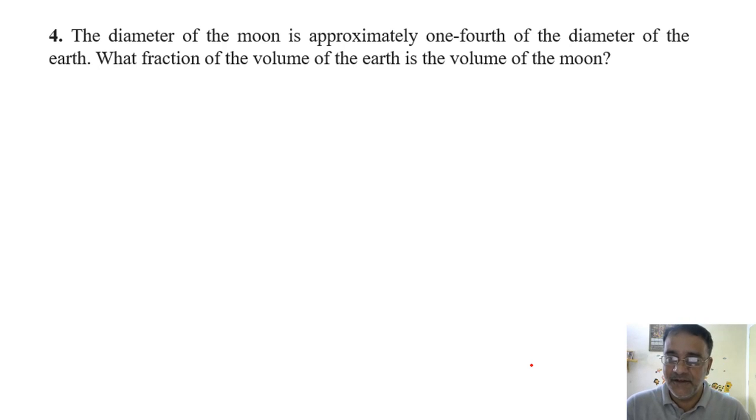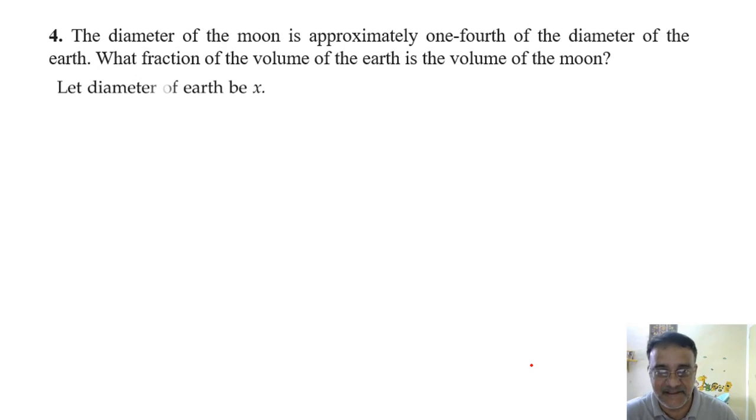This question we did in exercise 13.4. There we found the ratio of surface area of earth and volume. Now here we are going to find the volume of earth and volume of moon. Okay, so let us start with the diameter. Diameter of earth we are going to take x.